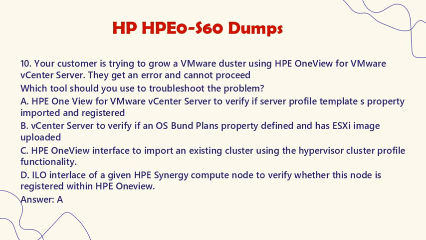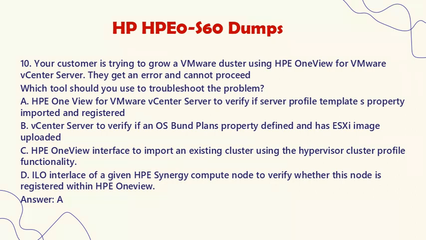10. Your customer is trying to grow a VMware cluster using HPE OneView for VMware vCenter Server. They get an error and cannot proceed. Which tool should you use to troubleshoot the problem? A. HPE OneView for VMware vCenter Server to verify if server profile template property is imported and registered.